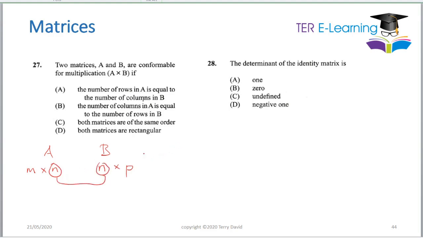And the final answer, the matrix C, is going to be an M by P matrix.